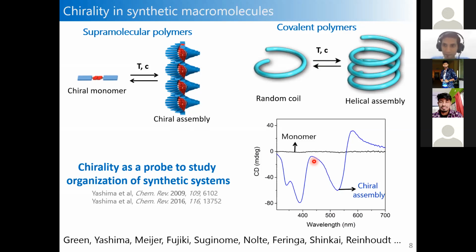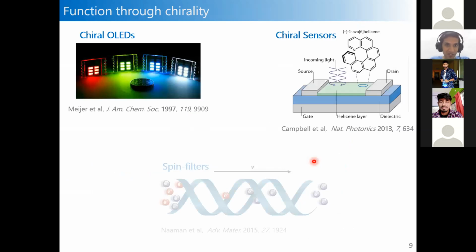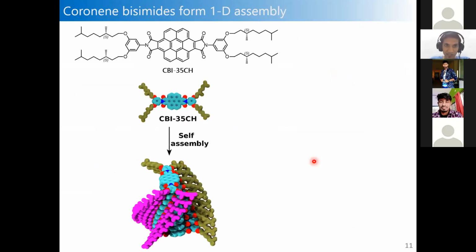Sir, why is the monomer being chiral and still giving a blank peak? Yes, good question. The answer will become clear if I show you one structure. Assume this is the monomer, and the chirality is in this alkane part. Do you see this, Ghazal? Yes, sir.